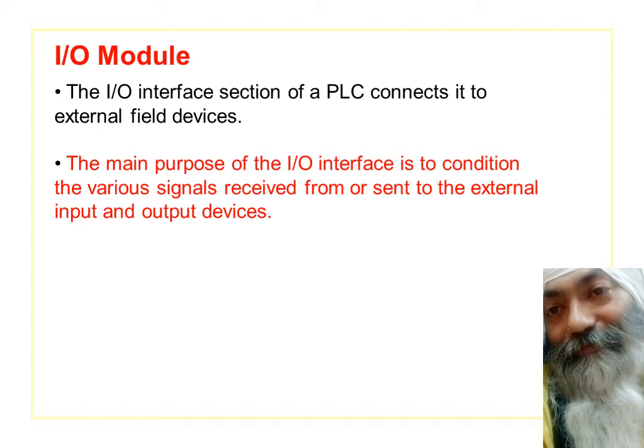And conditioning also means that we want only the signal to be transmitted from and to the external devices to the main processor safely with proper isolations. That is in addition to the conditioning, but you can also take it as one of the primary roles of input output modules, as we shall be seeing in the subsequent slides.